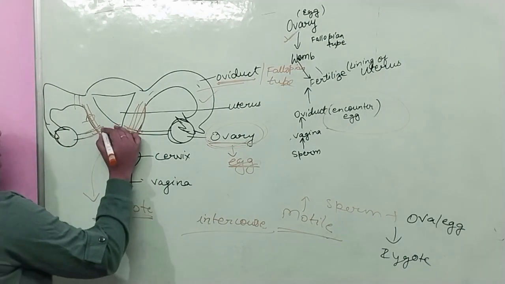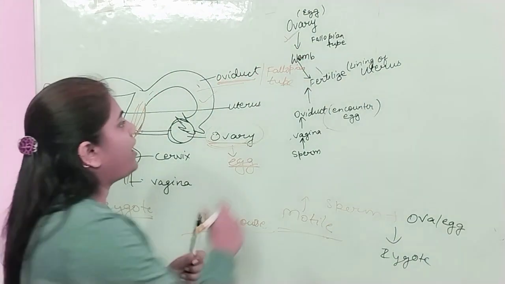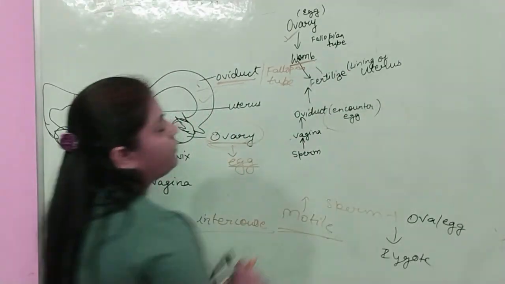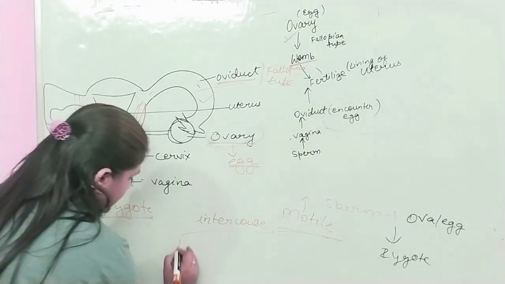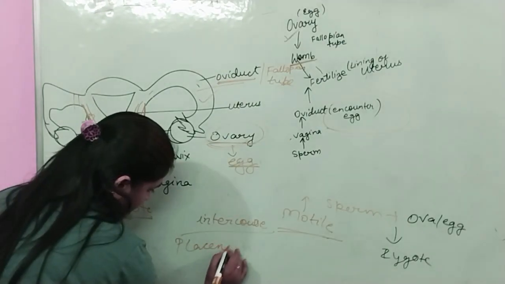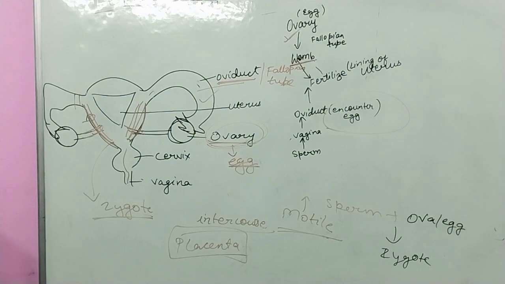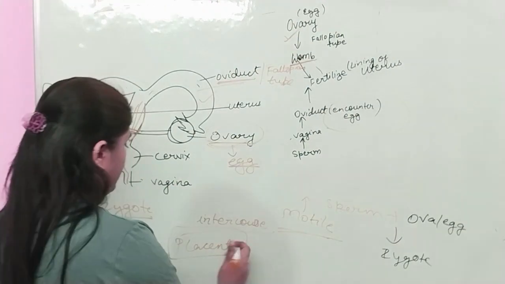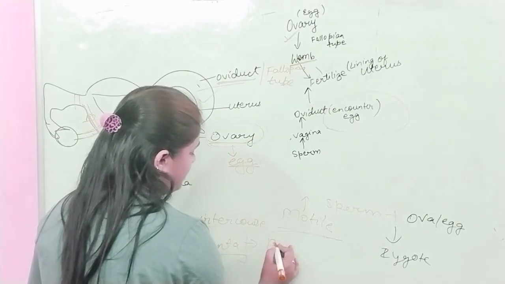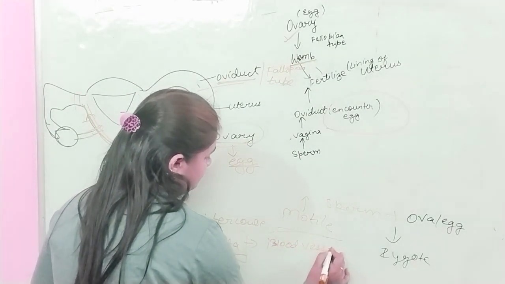The uterus is called the mother's womb. Here we have the placenta. The placenta is a tissue which helps to provide nourishment because it contains blood vessels.